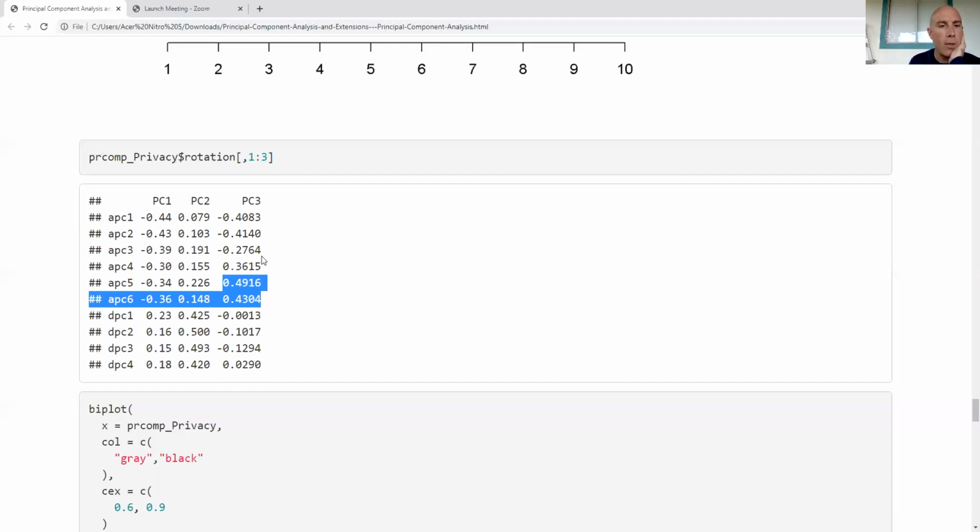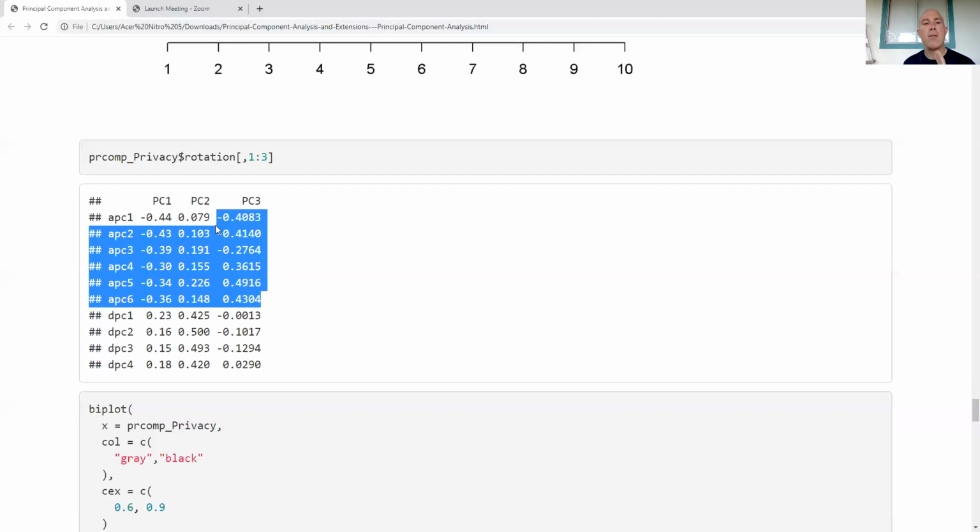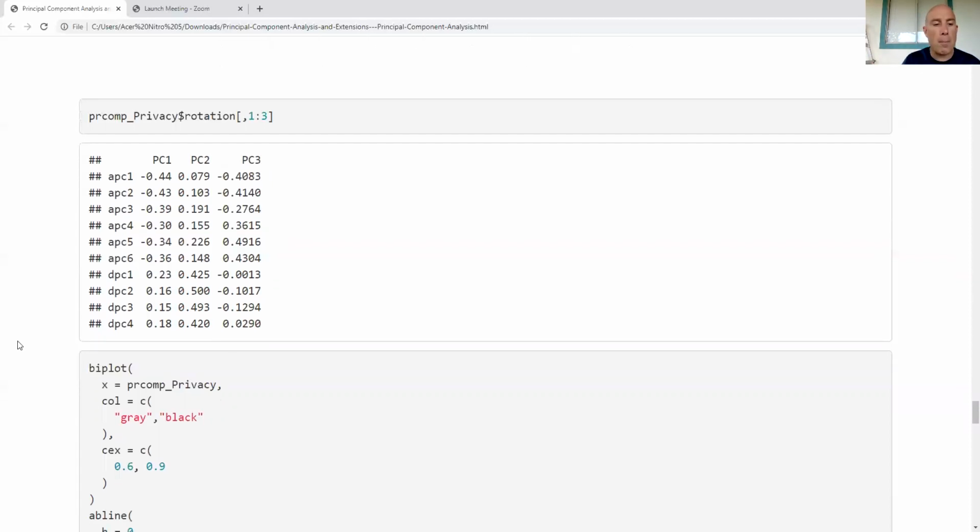And I'll go ahead and throw these two in since these are still the bigger ones. I feel like PC3 is detecting the differences between the positive aspects of privacy. So some people are going to put some emphasis on these positive aspects more than these others, and PC3 is detecting that difference.